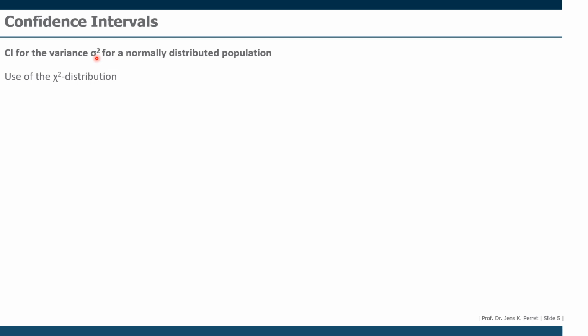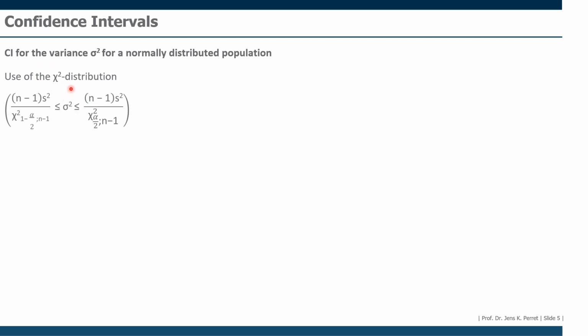And in this case, we're going to use the chi-squared distribution. Why the chi-squared distribution? Because it's a squared value here. Whenever we have something to do with squared values, which are normally distributed, we use the chi-squared distribution.